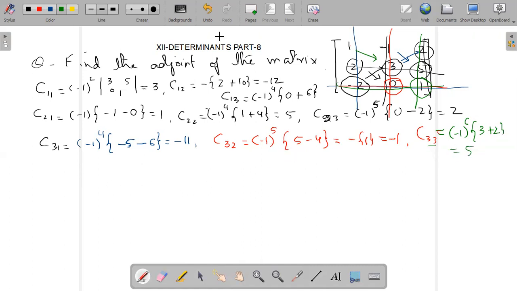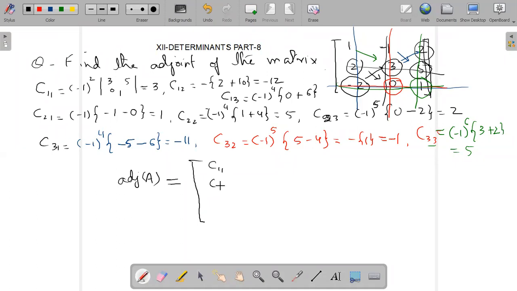Now it is up to you, either you write the adjoint of A directly, or you can first write the matrix of cofactors and then its transpose. Generally we denote it by C dash. So we can directly write the values. Adjoint A is what?